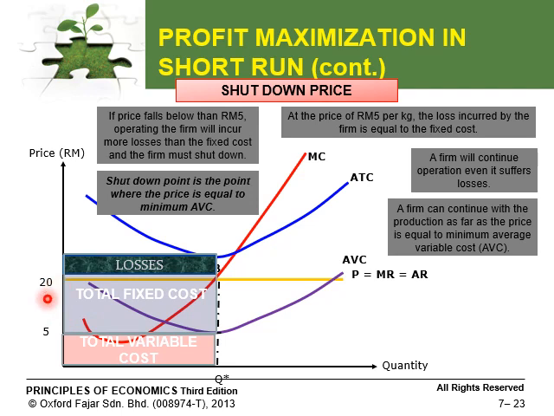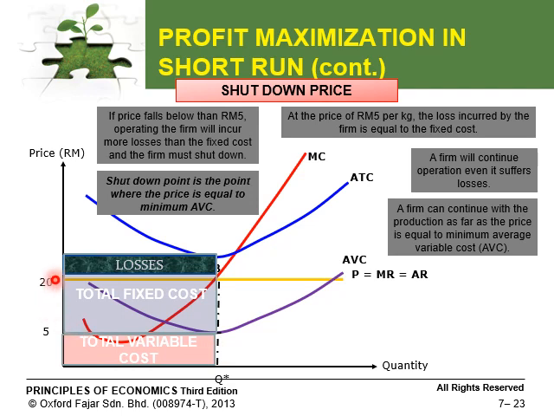Let's say your price is at 20 ringgit. This is your price level where marginal cost equals marginal revenue. This is your profit maximization, and this coverage is your revenue.